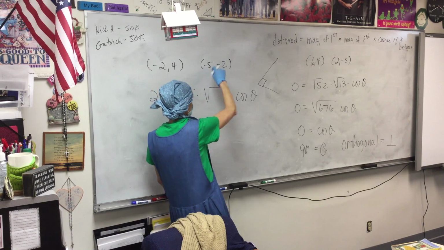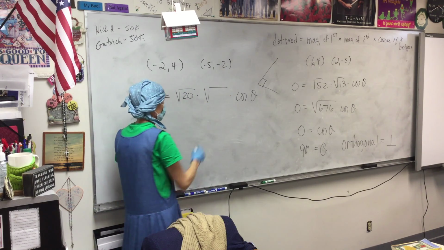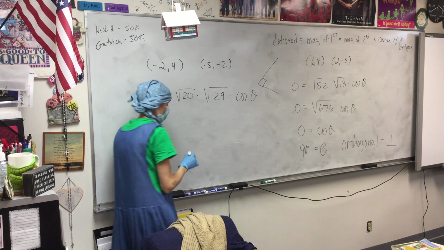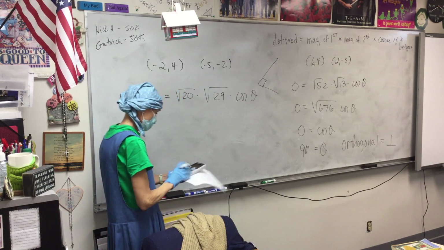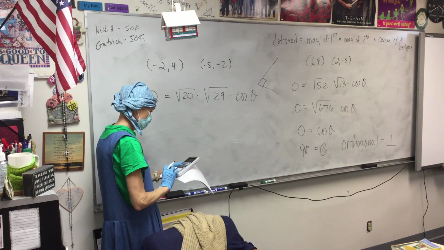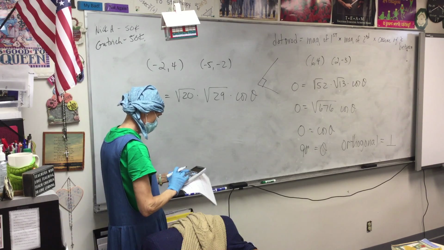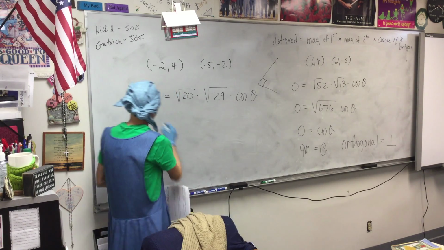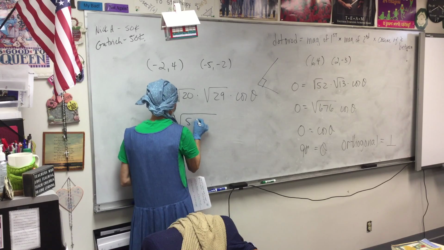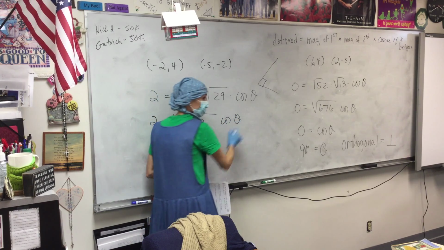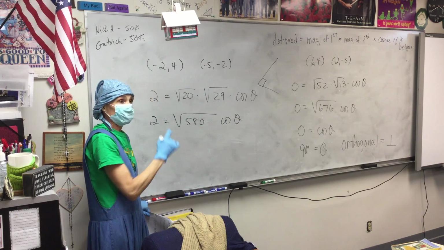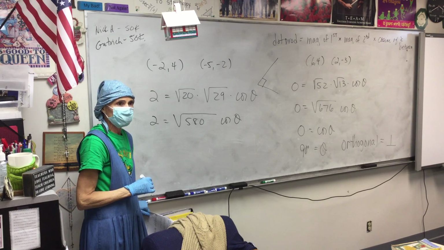What's the magnitude of this guy? Root 29. Now, let's go ahead and multiply those two together, so we only have one number instead of 2 to deal with. So 2 equals the square root of 580 cosine theta. By the way, is this one going to come out to be 90?